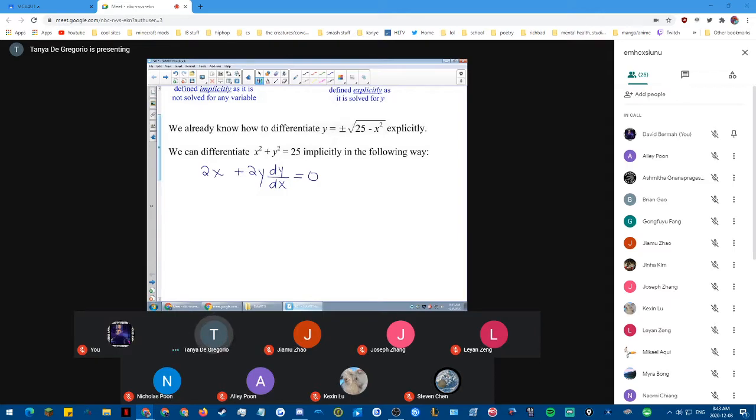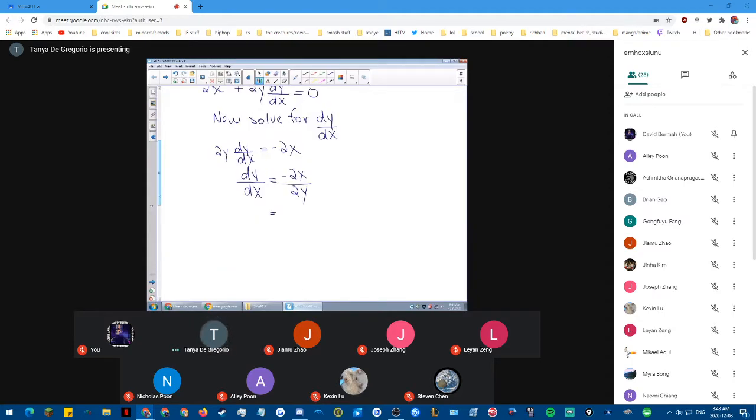And then from here, we just solve for dy/dx. So here I would have 2y times dy/dx equals negative 2x. Dividing by 2y, you notice that you get negative x over y, and this is your slope function.